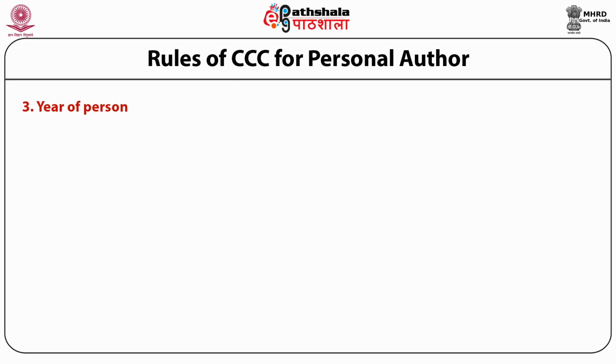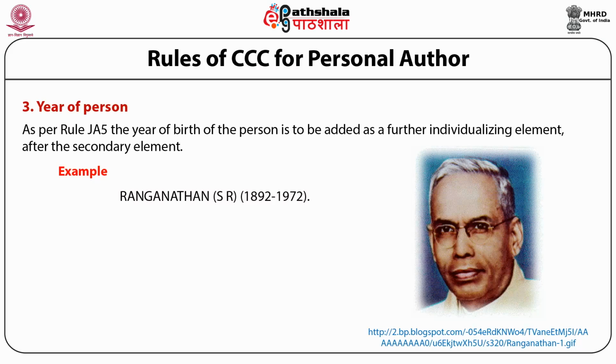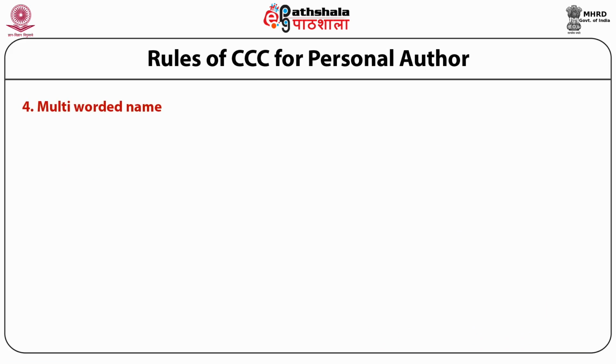Year of person. As per rule JA5, the year of birth of the person is to be added as a further individualizing element after the secondary element. Example, Ranganathan, SR, 1892-1972. Multi-worded name.